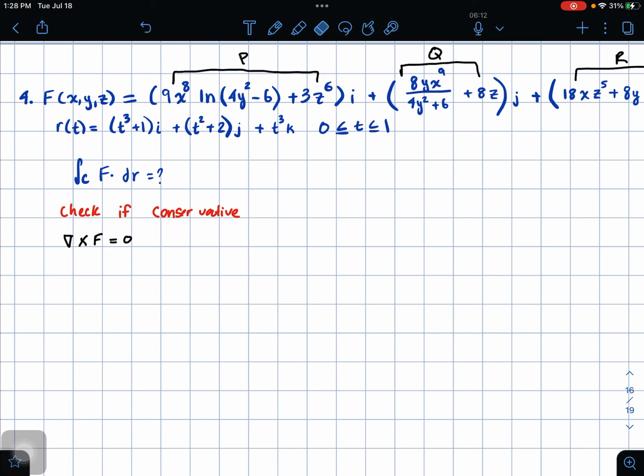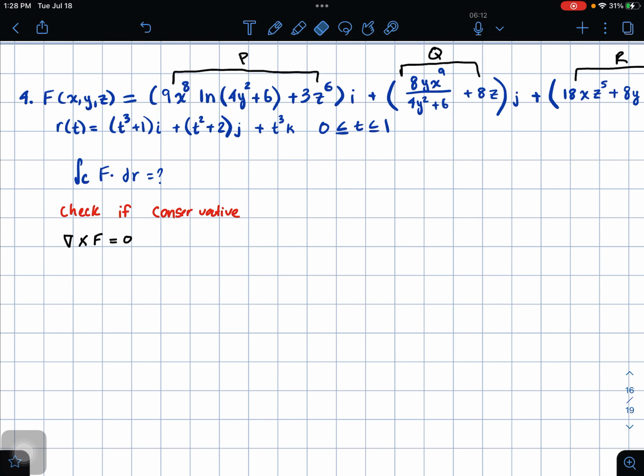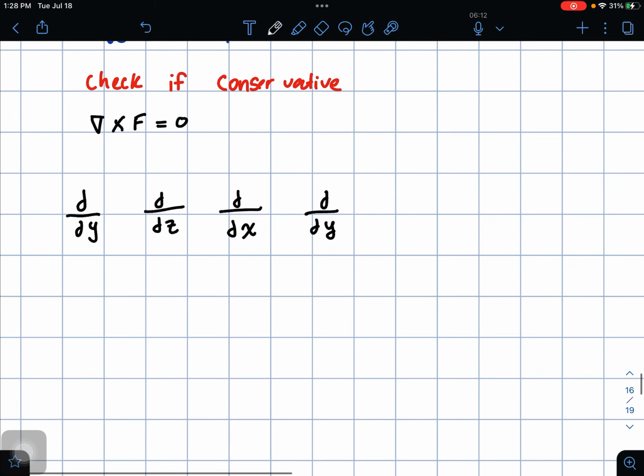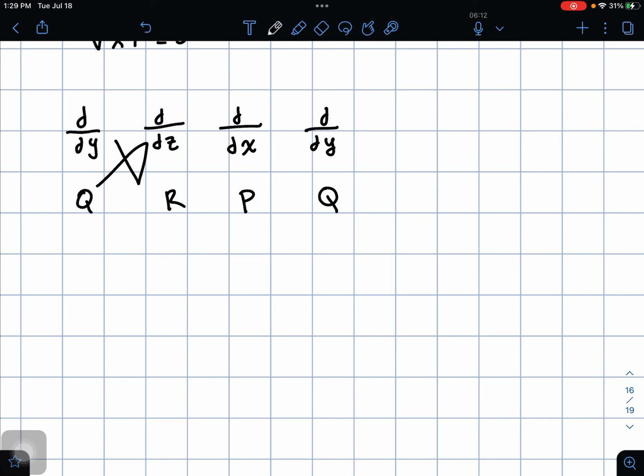So I'm going to write del y, del z, del x, and del y, and then we have Q, R, P, Q. And we're just going to go boom, boom, like that.